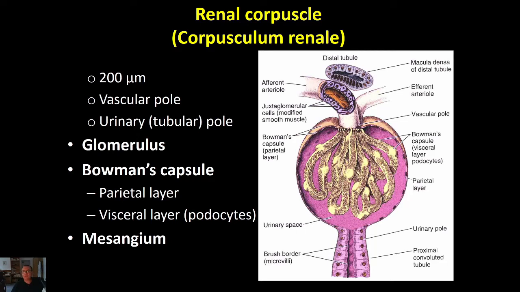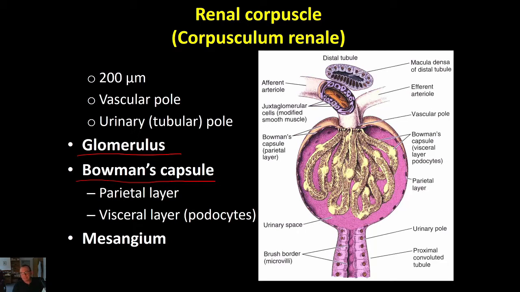It is composed of its vascular component, which is called glomerulus, and which is composed, as I already said, from capillaries with pores. Then it has its tubular component, which is called Bowman's capsule, having parietal and visceral layer, and then it has some amount of tissue between vessels and Bowman's capsule.